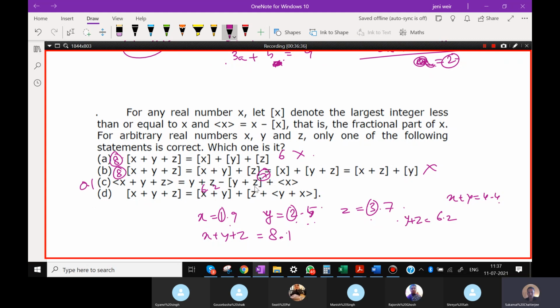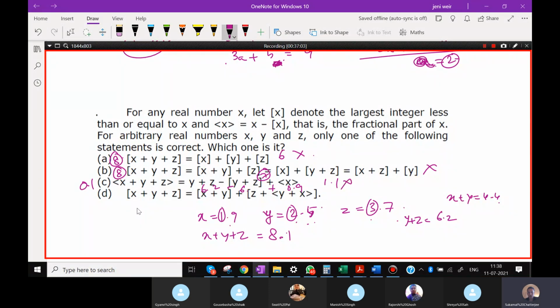Box of y plus z would be 6. So 6.2 minus 6 plus fractional part of x is 0.9. So 0.2 plus 0.9, which is 1.1, which is also not true.